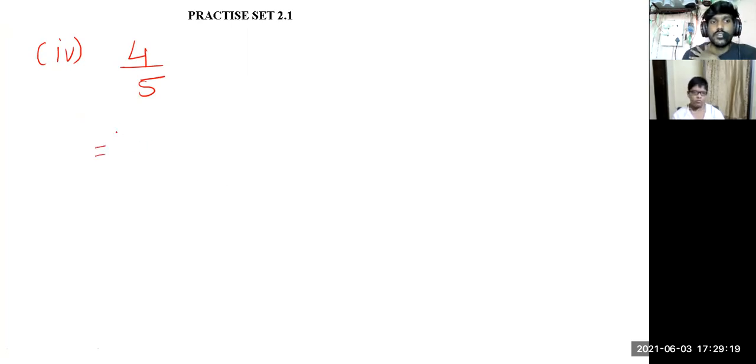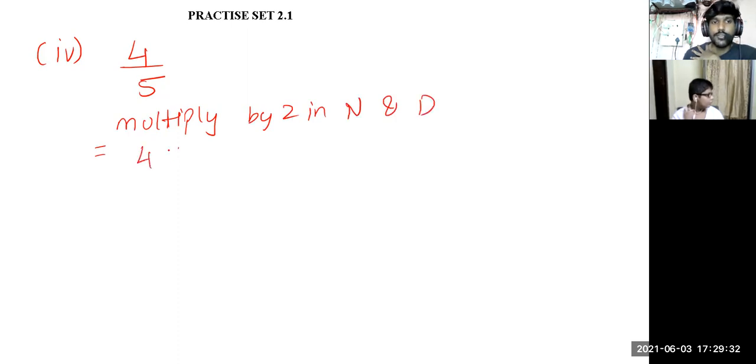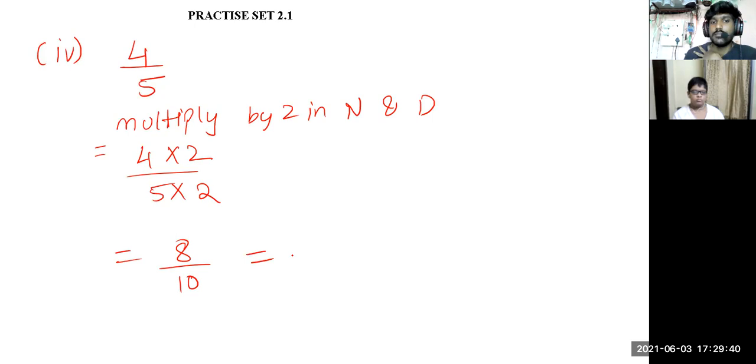So you multiply the numerator and denominator by 2. This will become 4 into 2 upon 5 into 2, so that is 8 upon 10. And in decimal point, this will become how much?